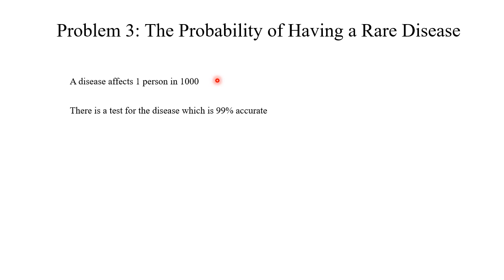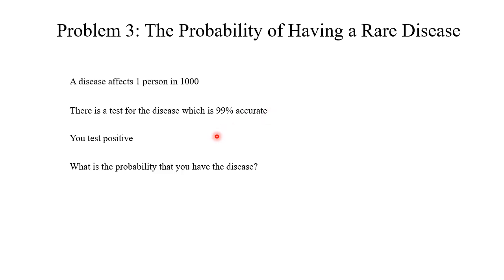Here's another one for you to chew on. This is about a rare disease which is in a community, and this disease affects 1 person in 1,000. Now there's a test for this disease, and it's 99% accurate. So you go and have this test, and you test positive.